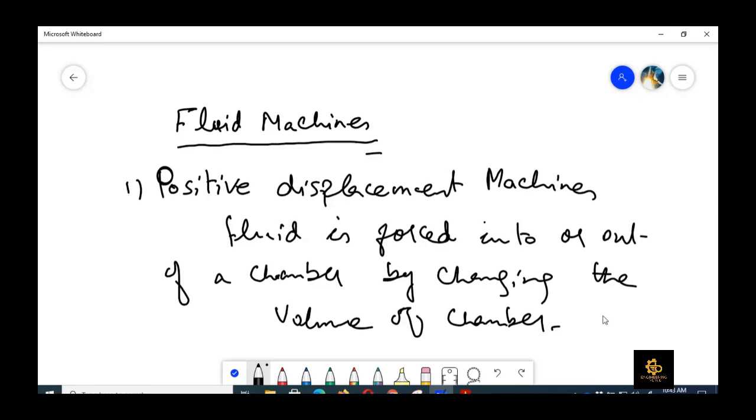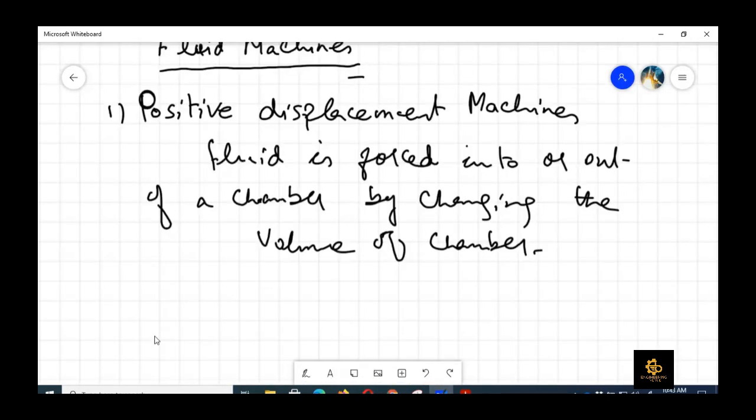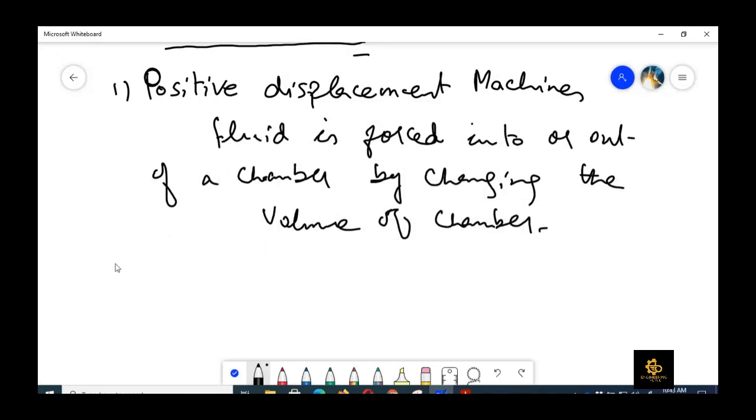And maybe the engine of a car, where we have reciprocating motion, that piston cylinder motion. Those are examples of positive displacement machines. And then the second type of fluid machines we call turbo machines.